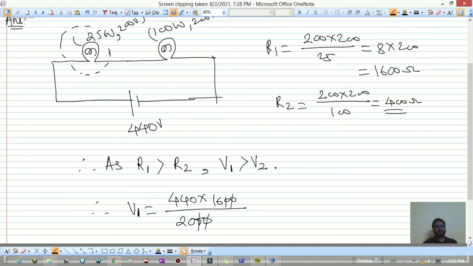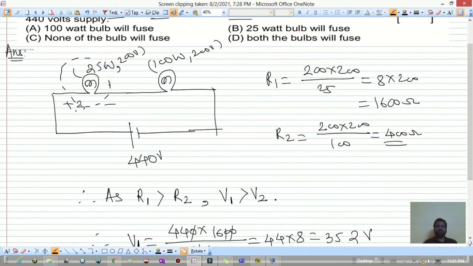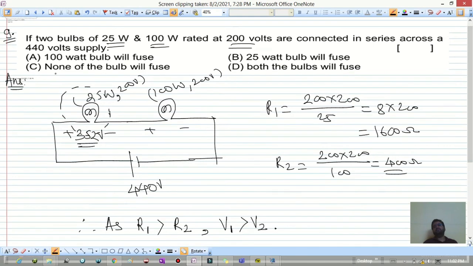So the zeros cancel, 44 into 8, so it is 352 volt of voltage across this, and across the other 440 minus 352, which is lesser than 200 volt. This indicates the 25 watt bulb will get fused. So we can say that option B is the correct option.